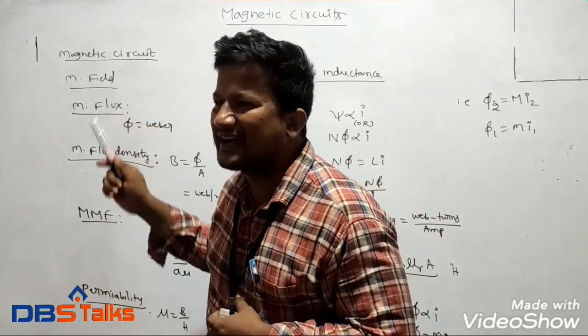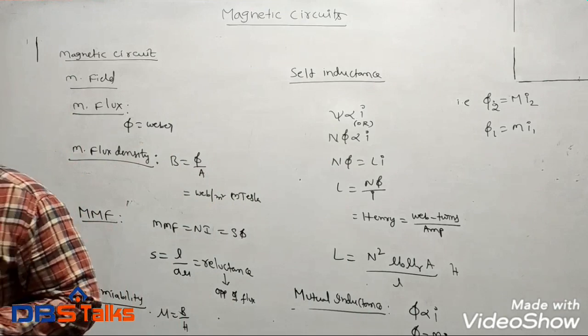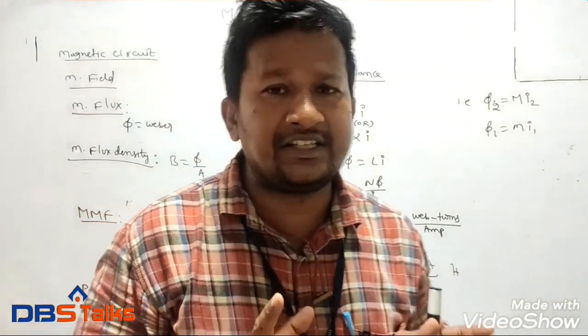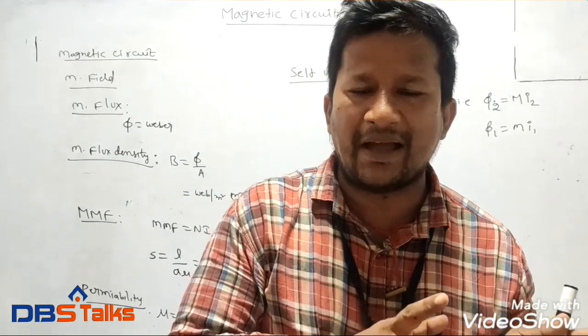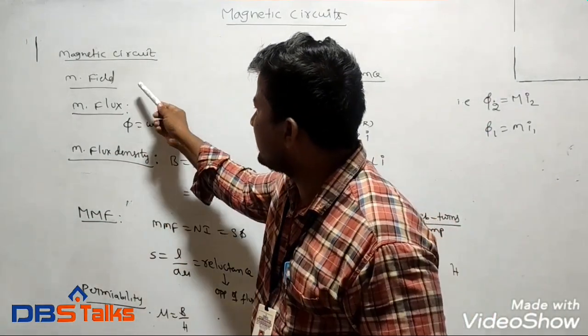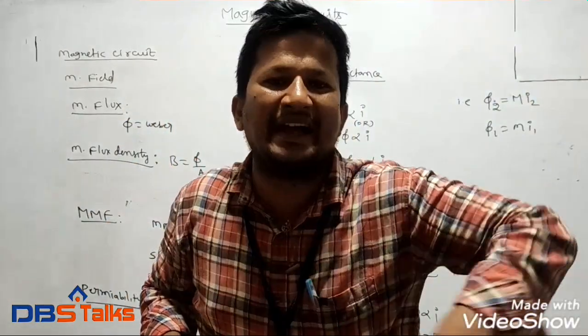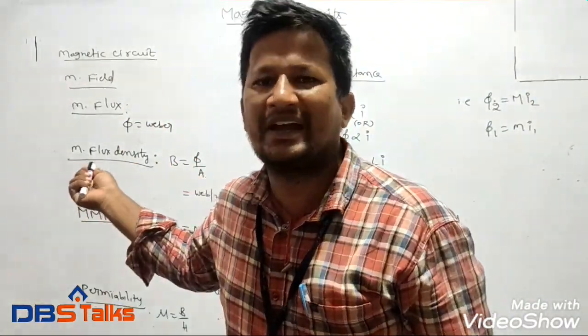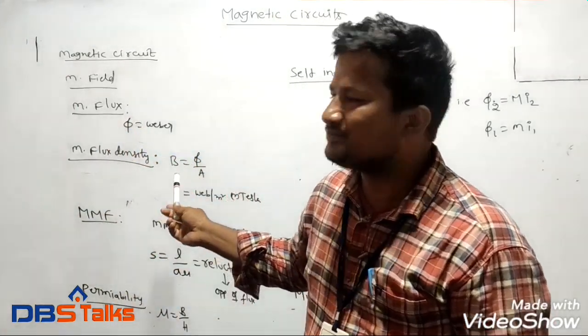Now what is meant by magnetic field? It is the region in which the magnetic field offers some magnetic flux. The effect surrounding a magnetic pole is nothing but the magnetic field. Another one is magnetic flux.